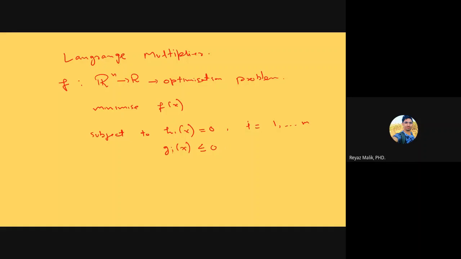Here it is not i, it is j, because i we have already used above, where j ranges from 1 to n, or p, whatever you want to write. So we have two forms of optimization, equality and inequality, which you know very well.